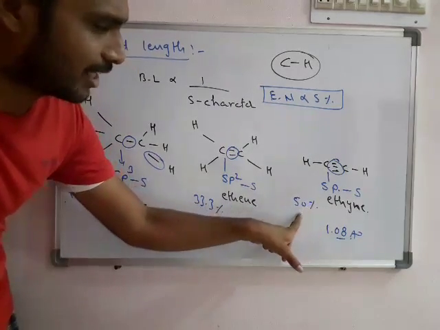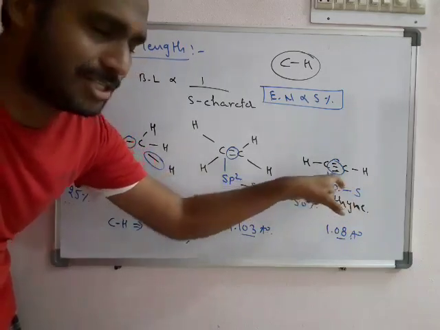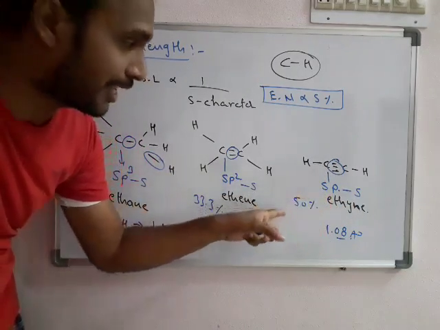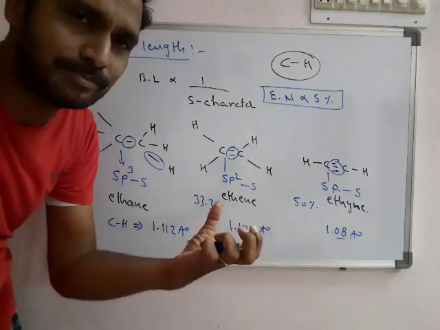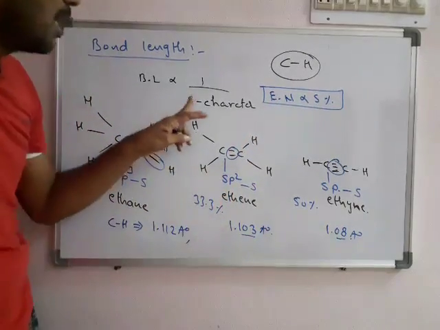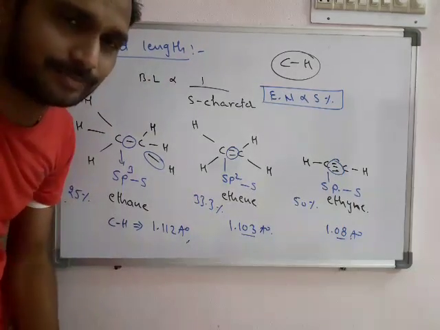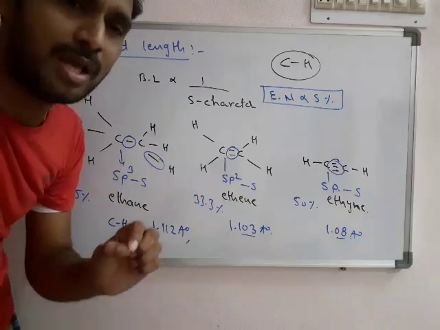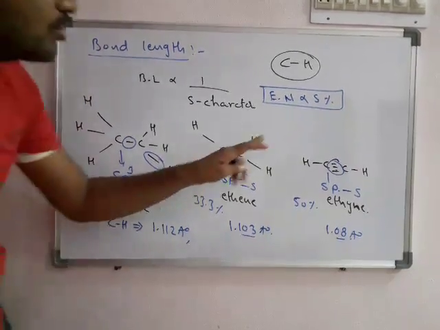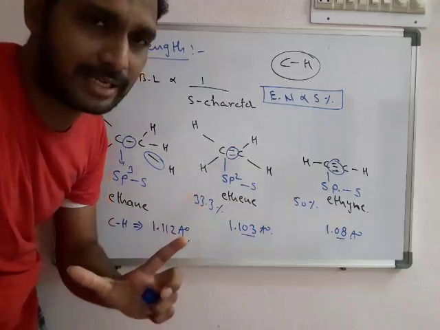Since S character is 50% here, it attracts the bond with H more. So when attracting power increases, the length decreases. Therefore as S character increases, bond length decreases. This is one of the factors: hybridization, and we also observe electronegativity as a factor.